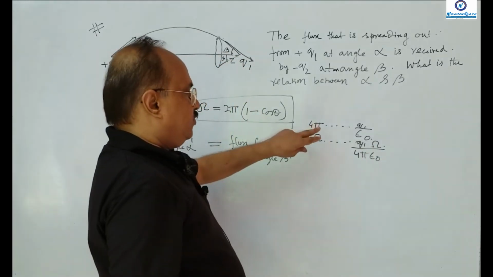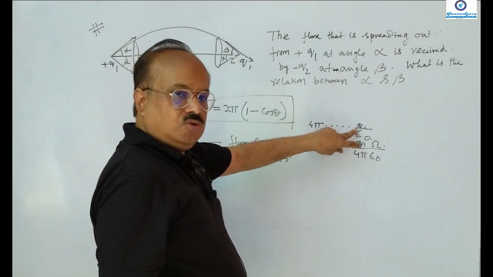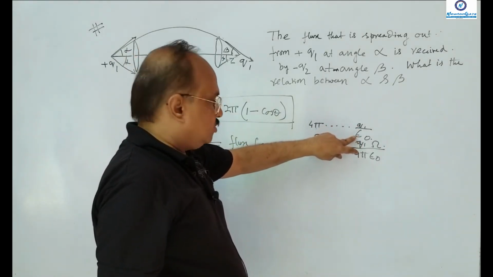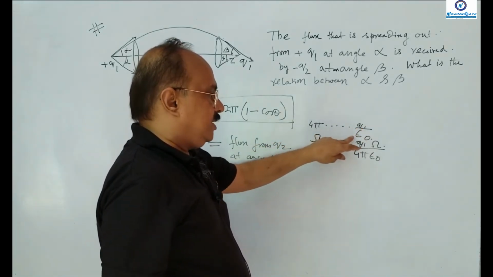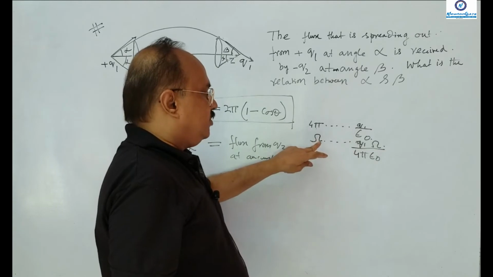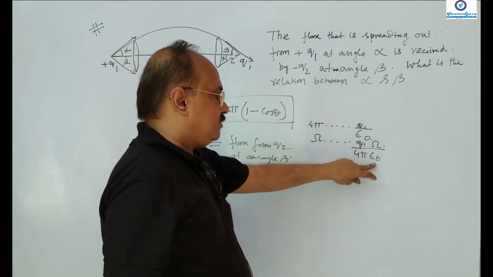Again, for the solid angle 4 pi, the flux for a given charge is equal to q1 by epsilon naught. So for 1 unit it will be q1 by epsilon naught divided by 4 pi, unitary method. And for the solid angle omega, it will be q1 into omega divided by 4 pi epsilon naught.